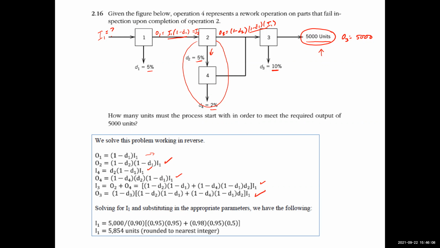Okay, so the idea is after substituting these parameters into this equation for O3, we can solve for I1 and then substitute the values for the parameters that we have available and obtain the number of units that are needed to get the 5,000 units at the end of the process.